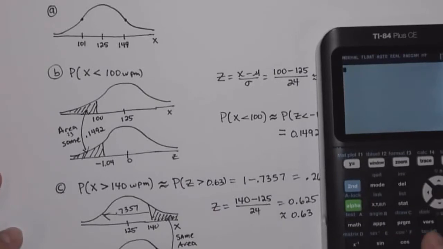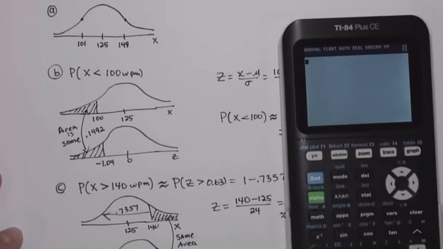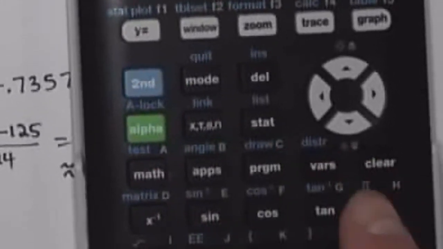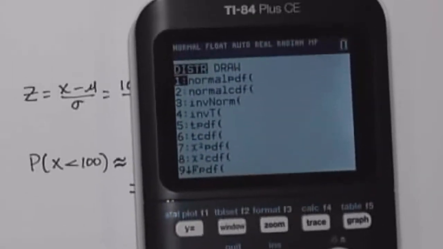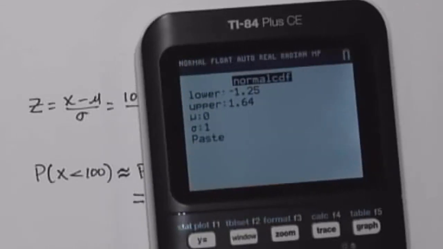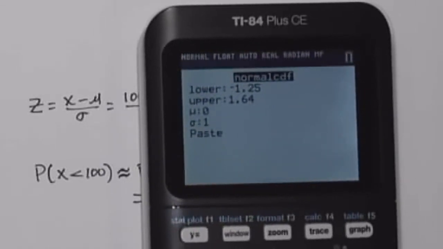So the only difference is that we could use our normal distribution on the calculator. So I can go to second and distribution on the calculator and use the normal CDF command to find the area to the left of negative 1.04. So we don't have a left bound, so we would use a big negative number, negative 10 to the 99.